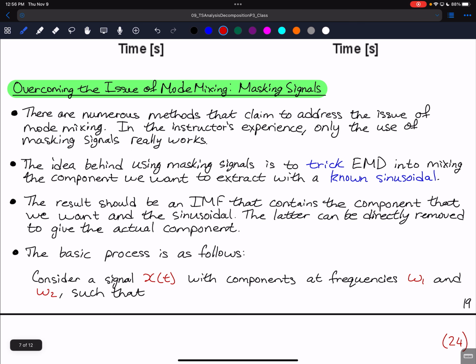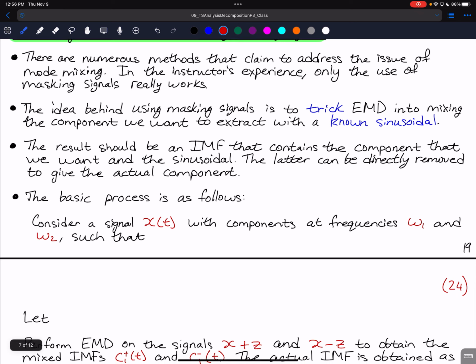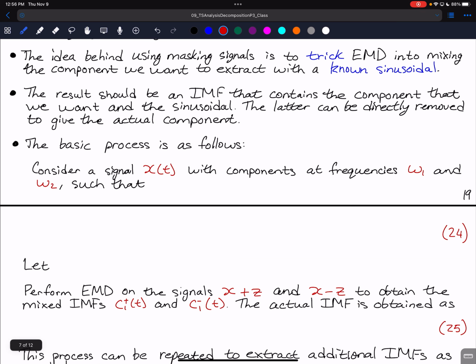All right, so the basic process is as follows. We can consider some signal x of t that has, in this case, just two components, one at omega 1 and omega 2, such that they satisfy the condition omega 2 over omega 1 is less than or equal to 2.